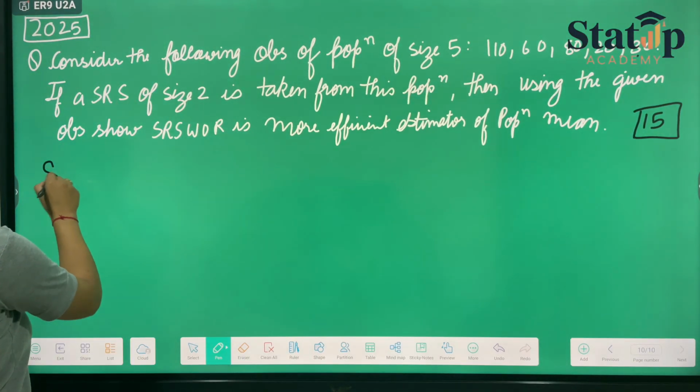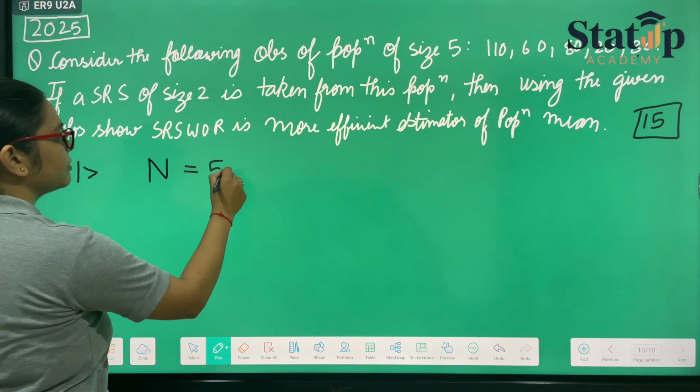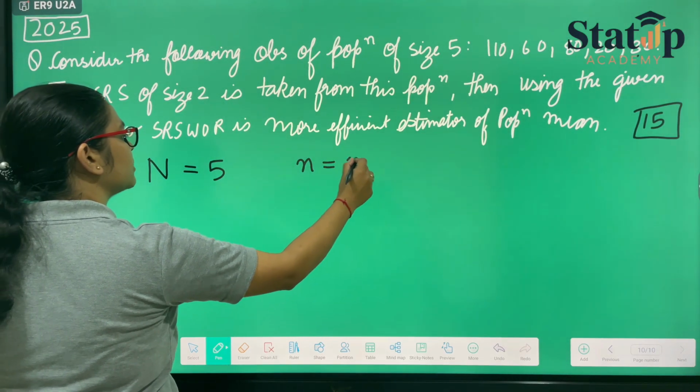On solving this, we know that capital N is 5 and small n is 2.